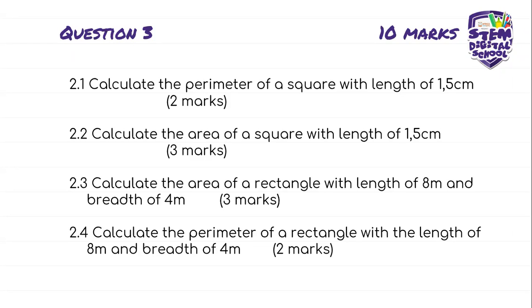In this case, we are talking about a square, remember? This is a square, and always remember that in a square, all sides are equal. Therefore, all 4 sides will definitely be equal. I've given you one side, which is 1,5 centimeters. Now you can use that to find the perimeter. All 4 sides are equal in a square.